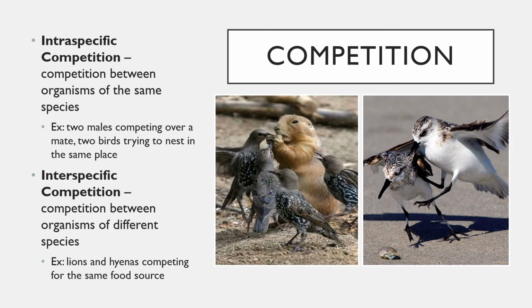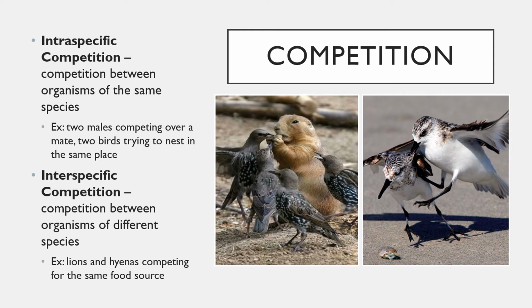They're all hummingbirds. Now, interspecific competition is competition between organisms of different species. So an example that I put on the slide here, lions and hyenas, they will often compete over the same food source. So they're going to end up sometimes getting into fights with each other because they're trying to eat the same thing.